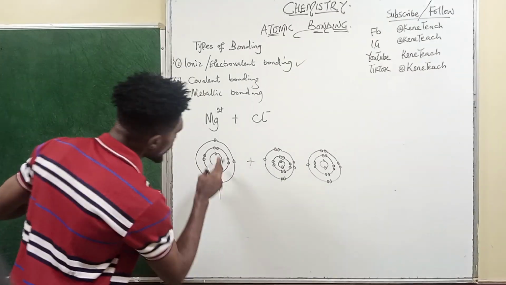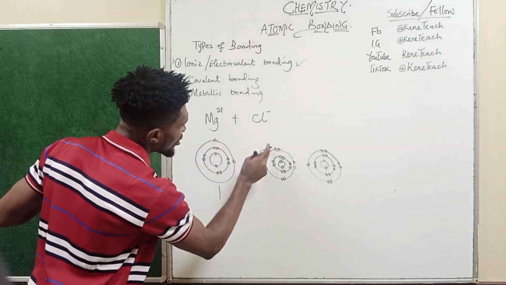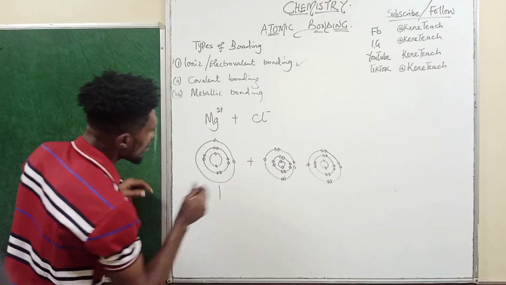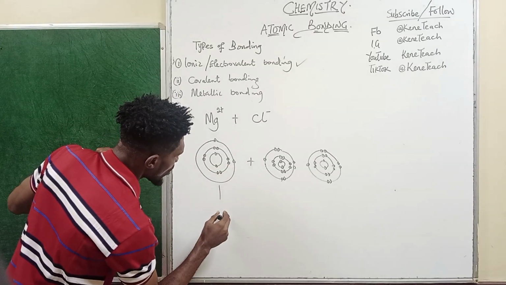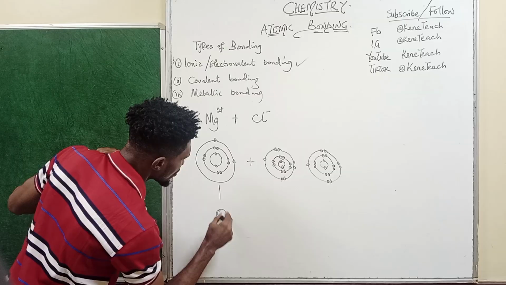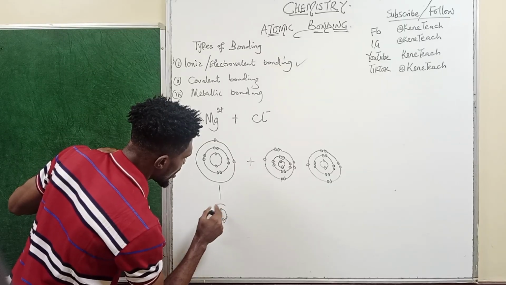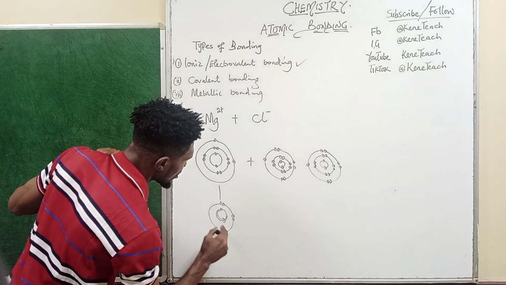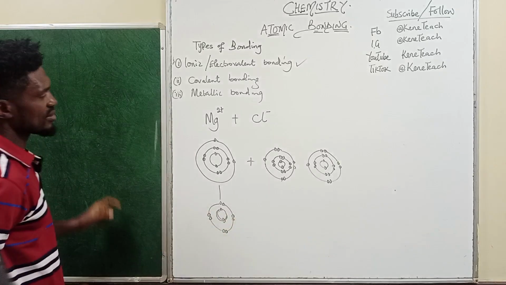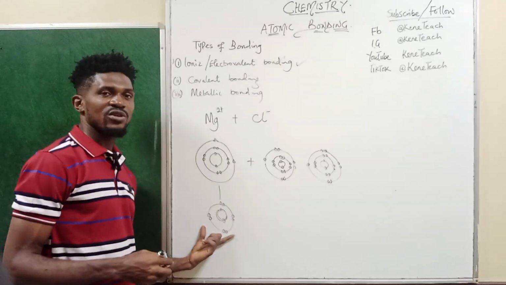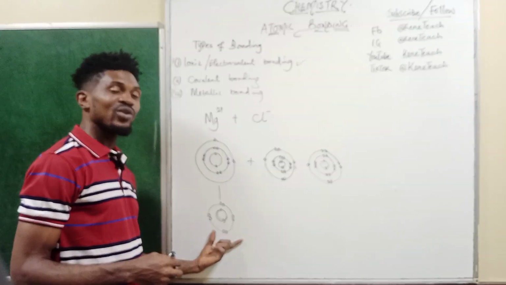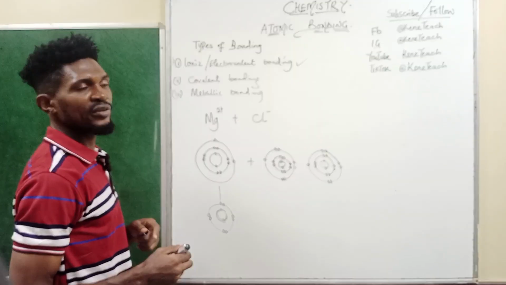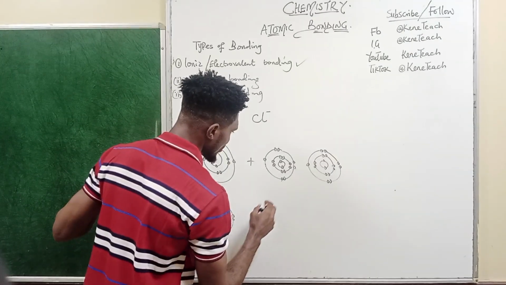So now, if these two electrons have gone, one here and another one here, what it simply means is that we will clean this outer one and it will remain the two inner ones. So we have two electrons at the outermost shell. So we have this. It has attained the octet configuration, which has always been its prayer. Now this one will also attain its own octet configuration too. So we have it this way.